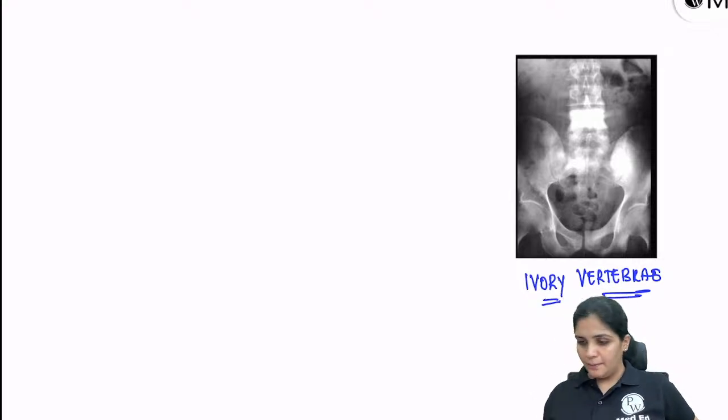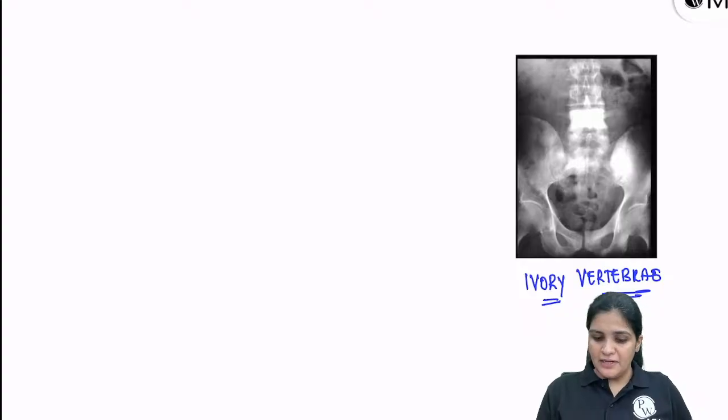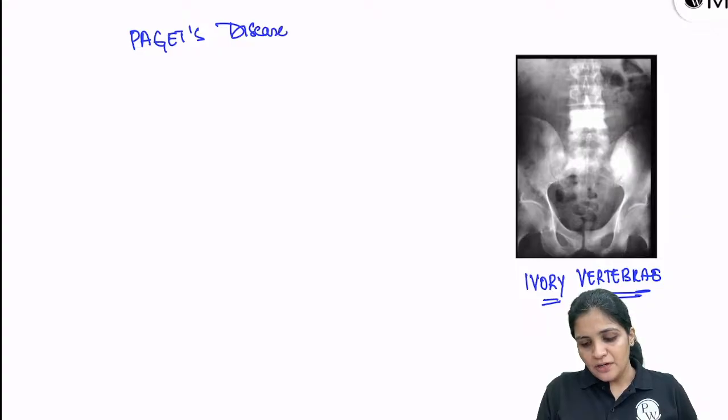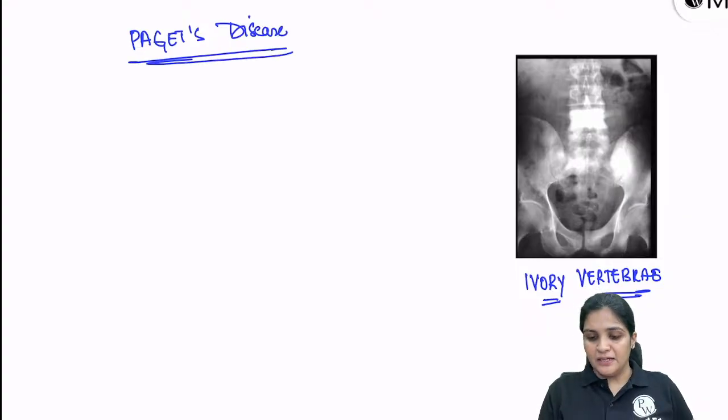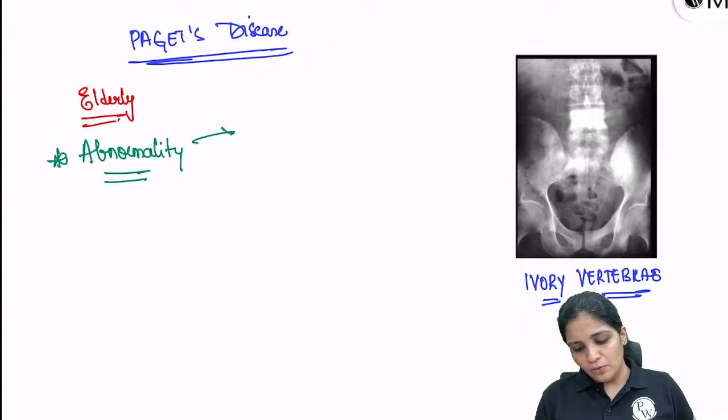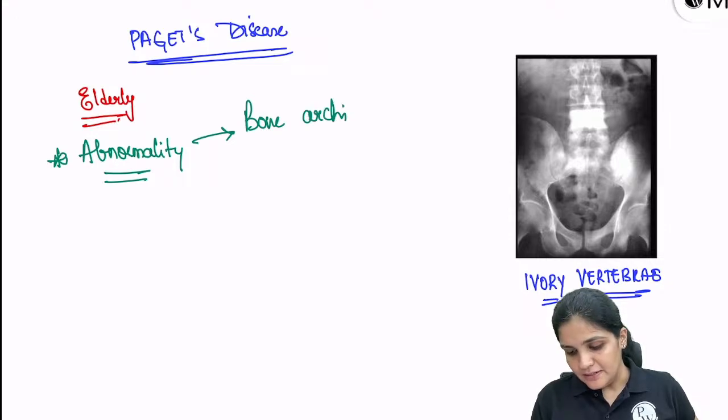Yeah, very good. So now let's have a few words about the most interesting Paget's disease. So what is Paget's disease? It is seen usually in the elderly, right? And this is some abnormality where the bone architecture is disturbed.